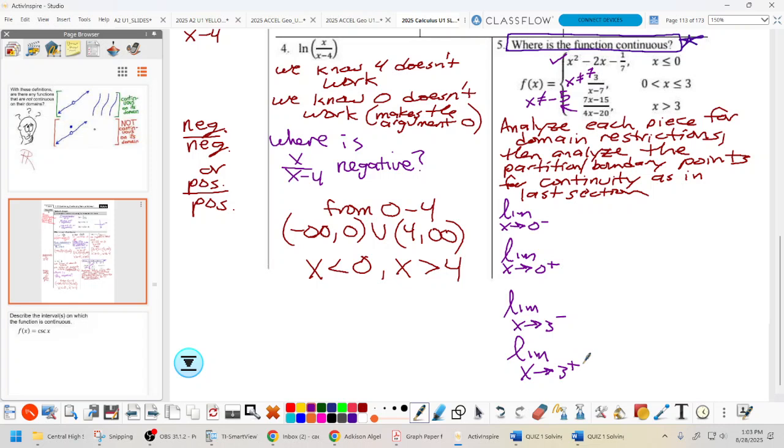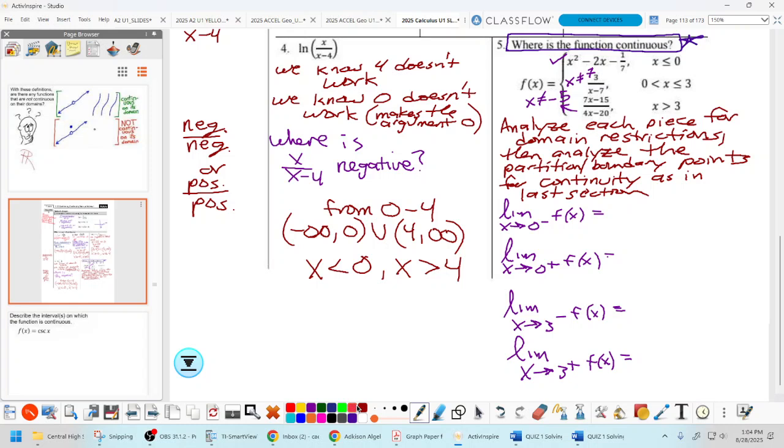Lots to do, especially if these functions are harder than they are. Okay, what's the limit as x approaches 0 from the left? And by the way, I'm just going to write f so I don't have to write all that. We'll wait to check function values until we have all these limits to see how they work out.